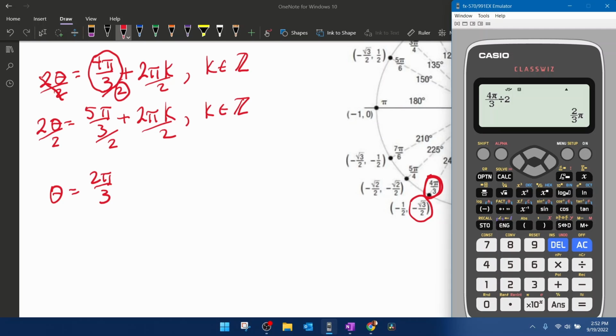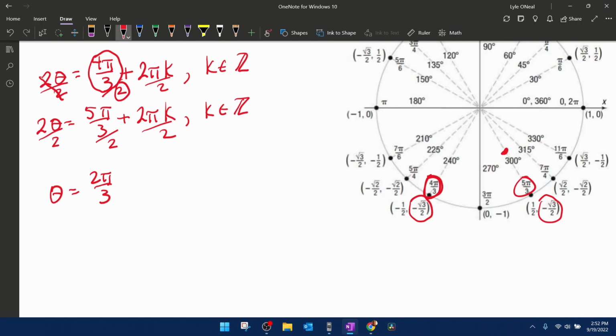That's going to be 2 pi over 3 plus, and then these 2's cancel, plus pi k, where k is an integer, and theta is 5 pi over 3 divided by 2, which would be 5 pi over 6.